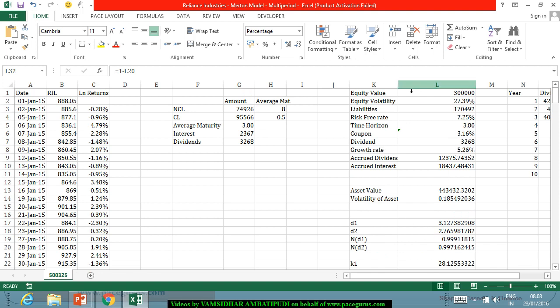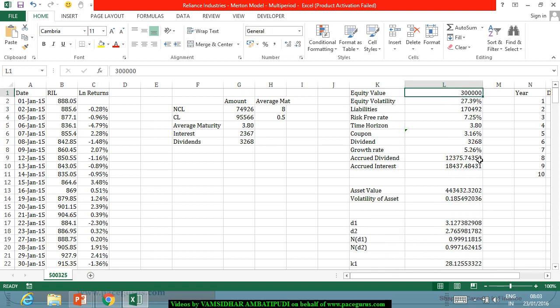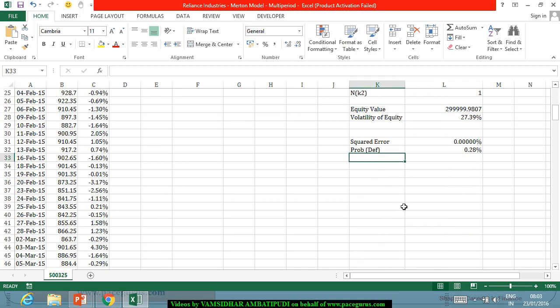So this is where, depending on the value of the debt versus the value of the equity, the proportion of debt and proportion of equity, we can very well talk about what is the kind of chance that the default can occur over a 3.8 year period.